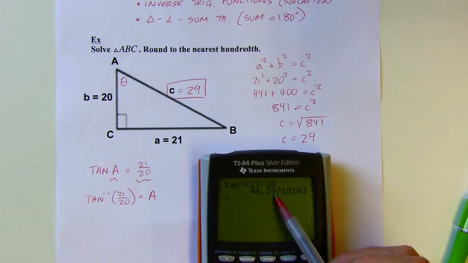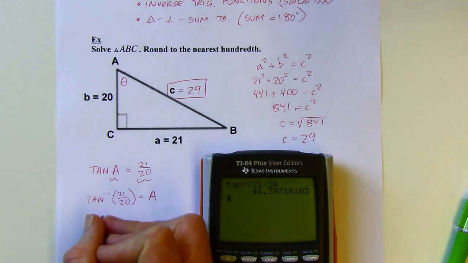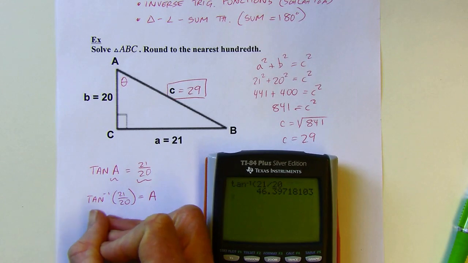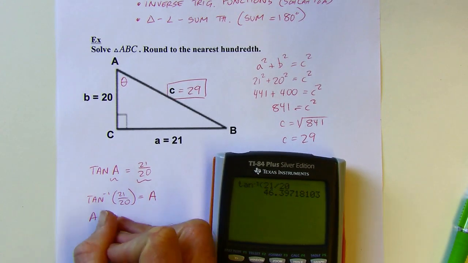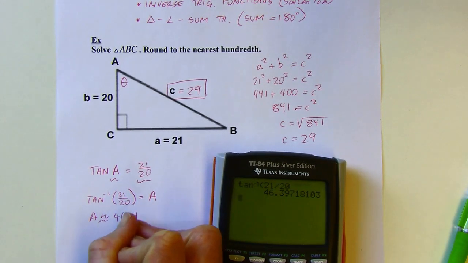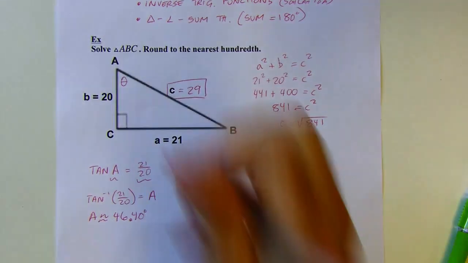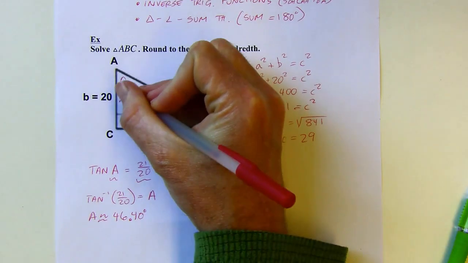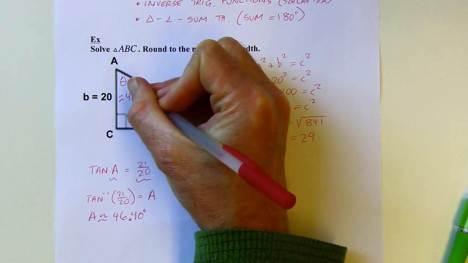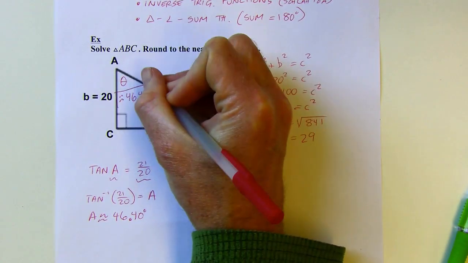I wouldn't round that to 46.39. It's closer to 46.40, going to the nearest hundredth here. And this is in degree mode. So that's the measure of this angle. Let's put that in the picture. 46.40 degrees is angle A.